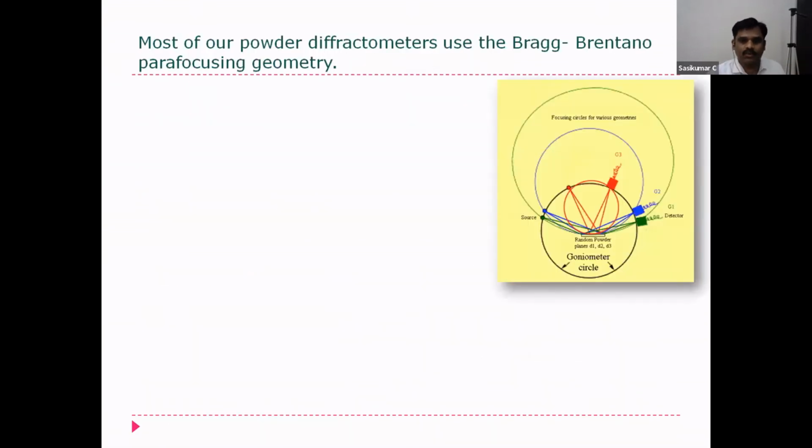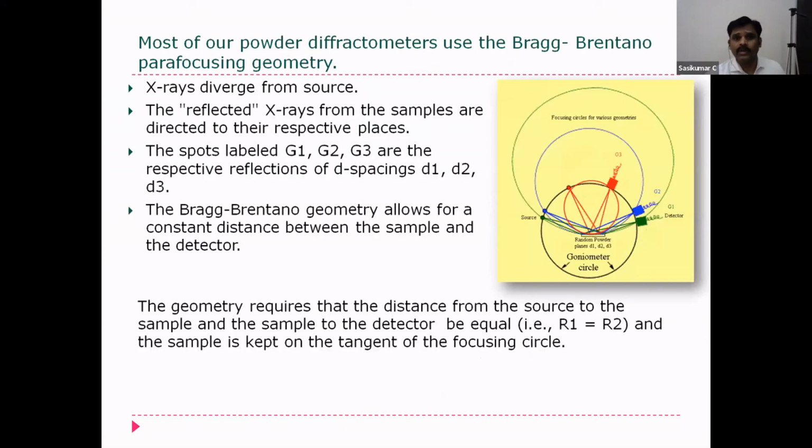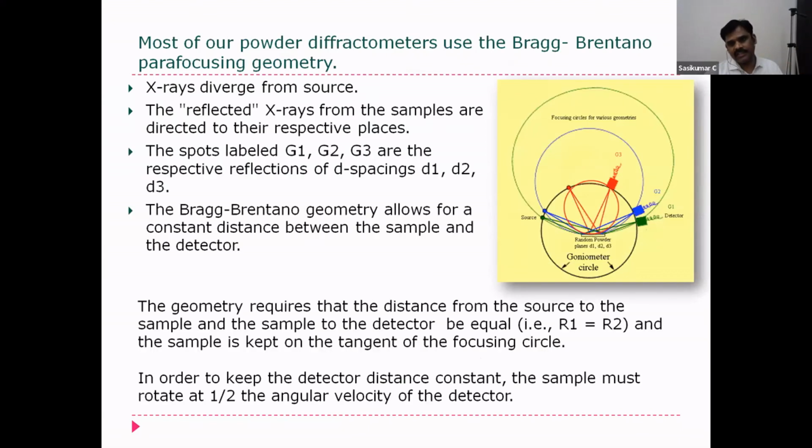So a multi-axis goniometer is also available. What we have discussed is goniometer design, and in fact various designs are possible. This typical design is what we call Bragg-Brentano parafocusing geometry. In Bragg-Brentano parafocusing geometry, say you have your material with planes, plane 1, plane 2, plane 3.